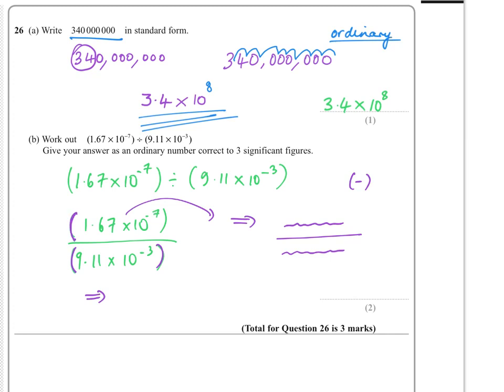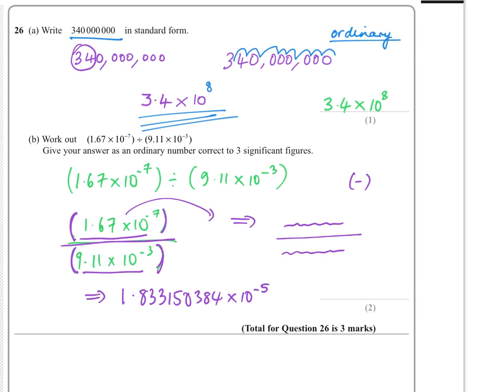So open bracket, type this in, close bracket, and then divide, open bracket, write this in, close bracket, and then press equals, and I get 1.833150384 times 10 to the minus 5.